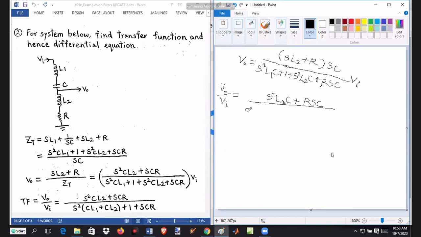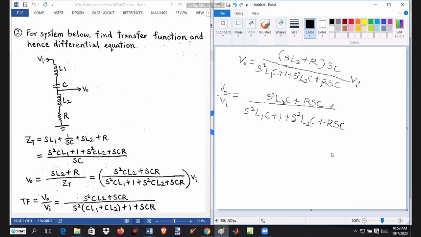Bottom is S square L1C plus 1 plus S square L2C plus RSC, and that's it.